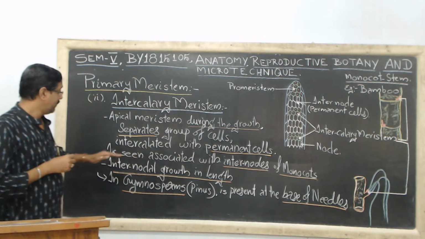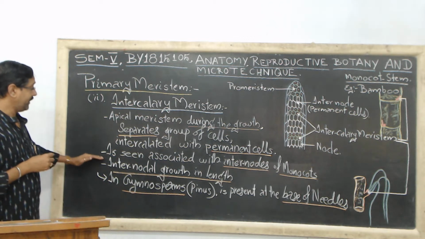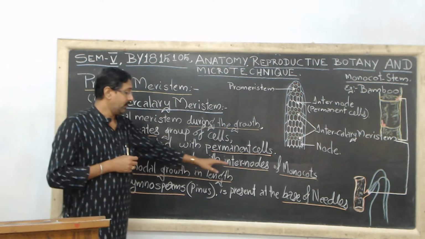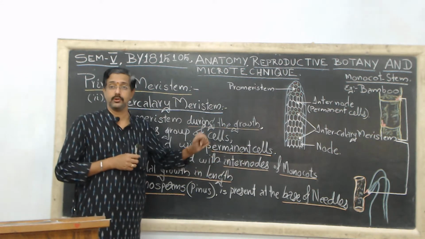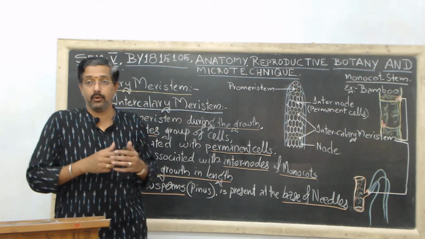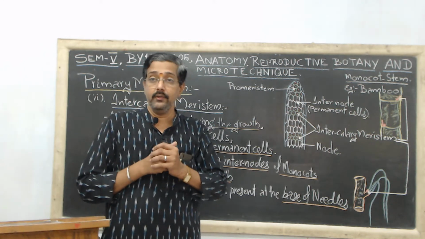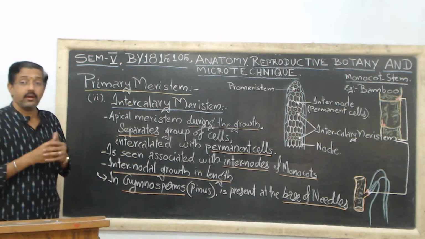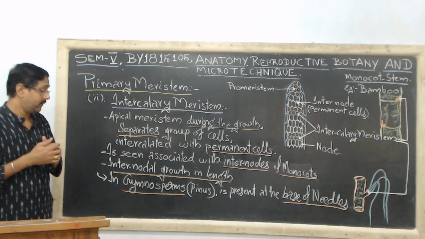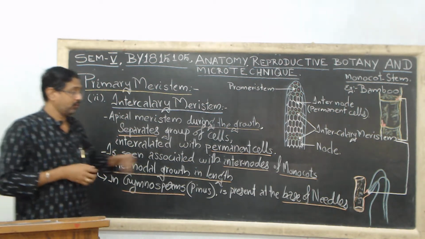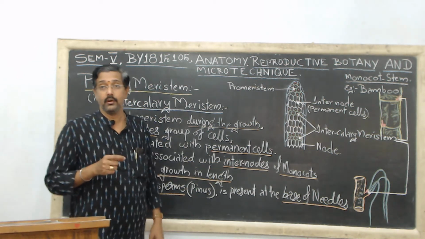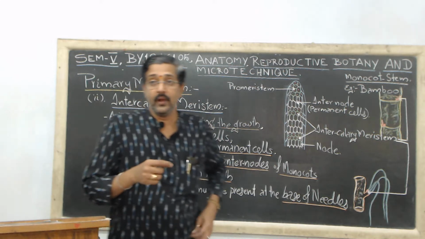And here the intercalary meristem is seen associated with the internodes of monocots. We know that both dicot and monocot plants exist, and it is very well noted in the case of monocot plants that it is present in the internode. What is a node? What is an internode?